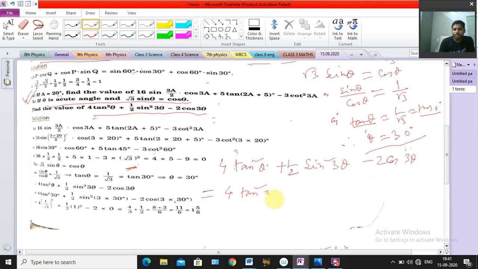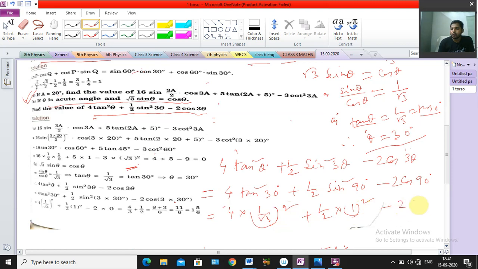theta 30 degree, put it, plus 1 by 2 sin square 3 theta means 3 into 30, 90 degree, minus 2 cos, here also 90 degree, because 3 theta, 3 into 30 degree, that means 90 degree we are getting. Next, so 4 tan 30 means tan 30 is 1 by root 3 whole square, plus 1 by 2 sin 90 degree means 1, so 1 square, minus 2 cos 90 degree.